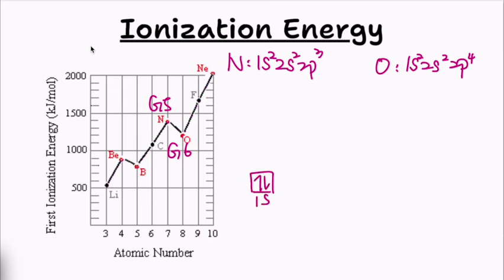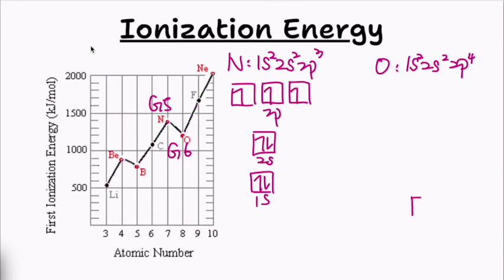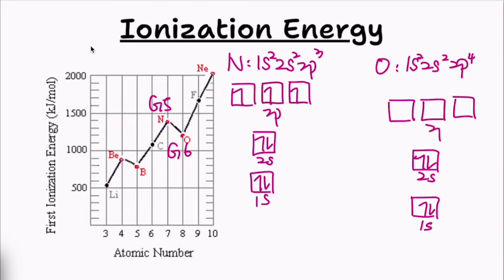For nitrogen, 1s up and down, 2s up and down, and then 2p, it is up, up, up. For oxygen, it's 1s up and down, 2s up and down, and then 2p up, up, up, down.